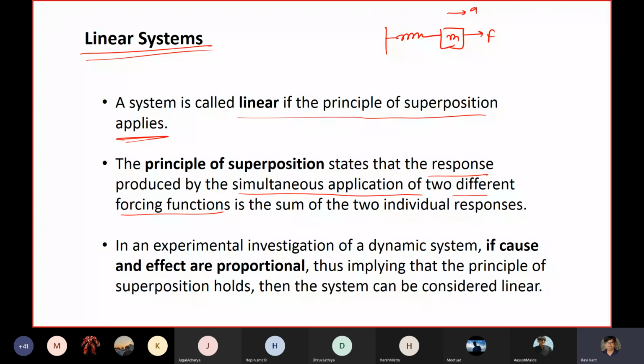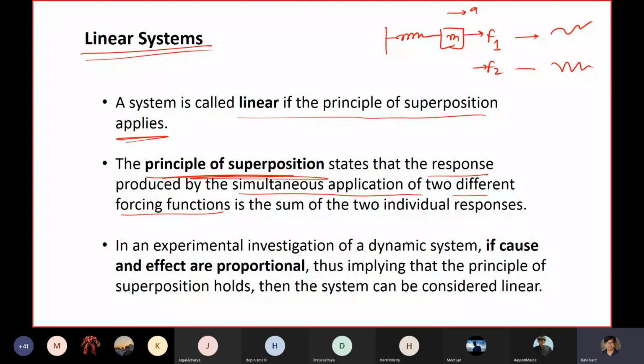So what this principle of superposition tells is that if I would have given f1 input and it produces some response, and if I would have given f2 input, it would have given some response.